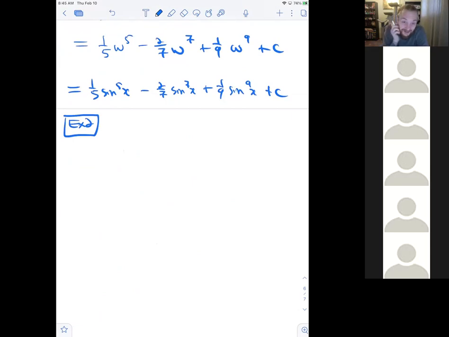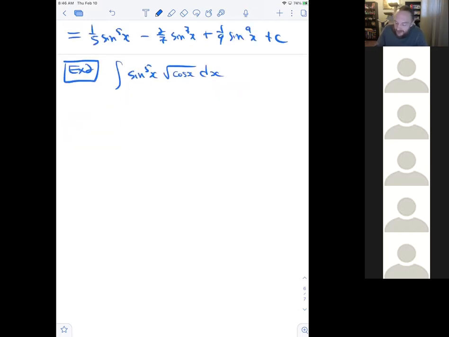Sometimes I'll also throw in one of the exponents that isn't an integer, just to throw you off. But the trick is going to be the same. I see that the sine exponent is odd, so I'm going to steal one of those this time.